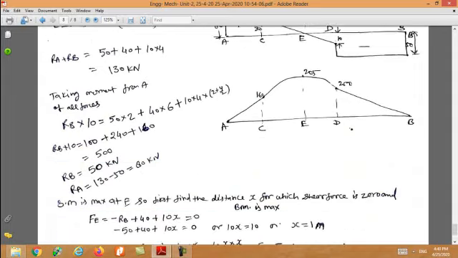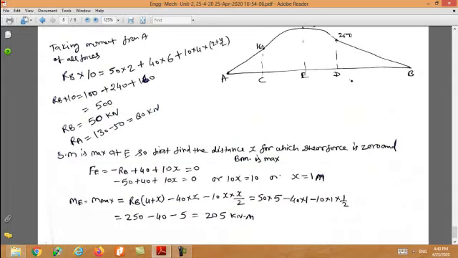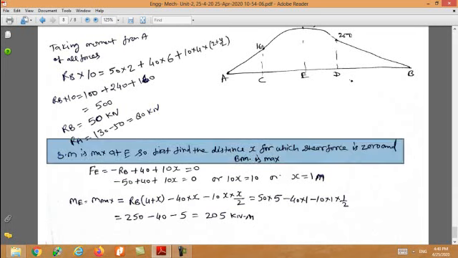How can we calculate the bending moment? The bending moment is maximum at E, so first find the distance x at which shear force is 0 and bending moment is maximum.